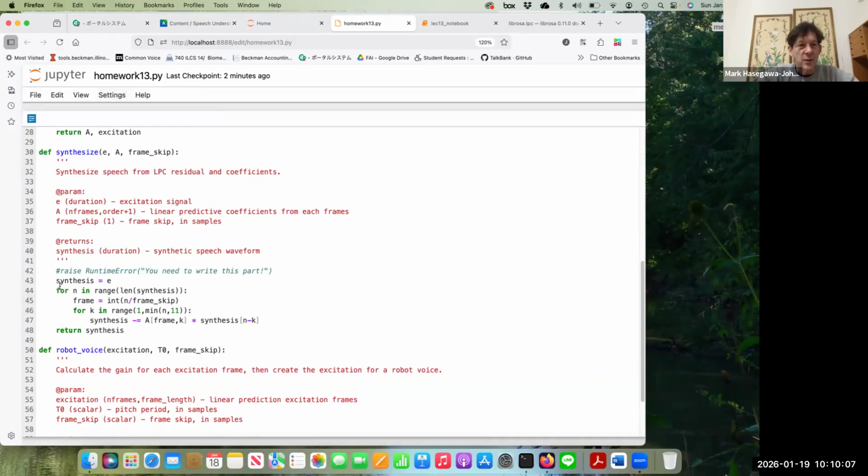All right, so for n in the range up to the length of the synthesis, we started out with the synthesis just equal to the excitation. Then we calculate which frame we're in. And then for k in the range from 1 up to minimum of n or 11, we take synthesis of n and subtract from it a of the kth coefficient times the n minus kth synthesis sample.